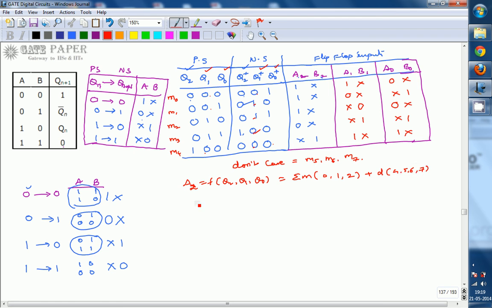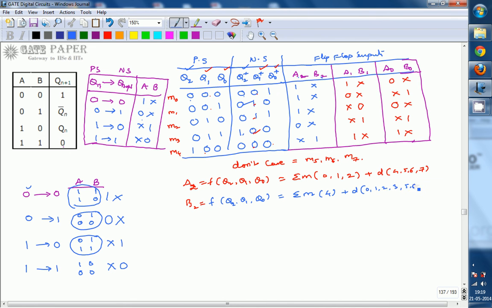Next, b2 is a function of again q2, q1, and q0, that you can write as sigma m of. b2 is only for m4, and all others are going to be don't cares, that is 0, 1, 2, 3, 5, 6, 7.